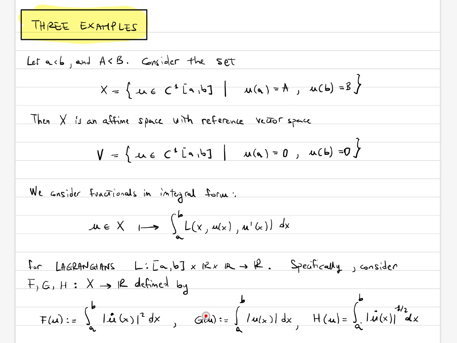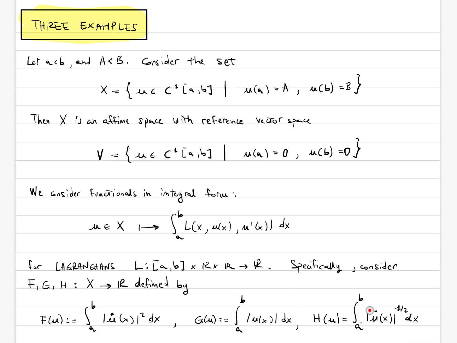So these functionals look at first glance very similar, but they're actually not, because the Lagrangian depends only on the third argument, so on the derivative. Here the derivative is squared, here the power is p equal to 1, and here the power is 1/2.